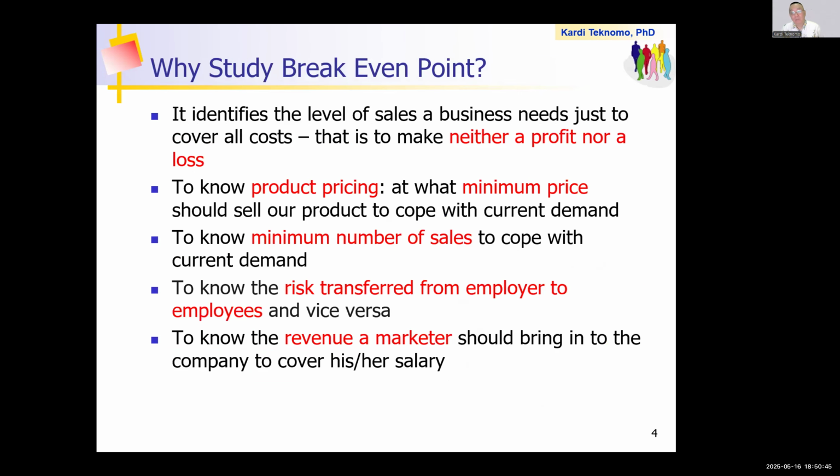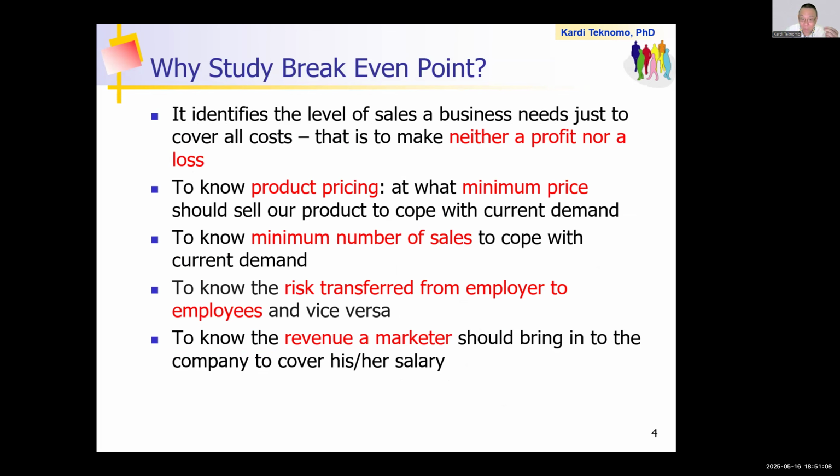So the question is, why do we want to study BEP, or break-even points? Even though this is neither profit nor loss, if you can calculate this BEP, then you know what is the minimum price to cope with the current demand, right?